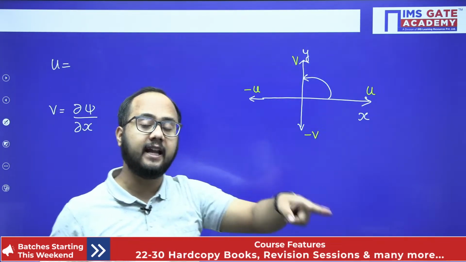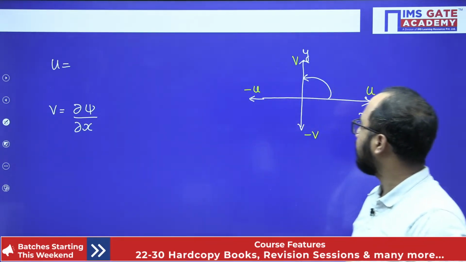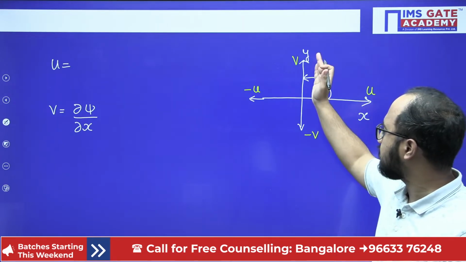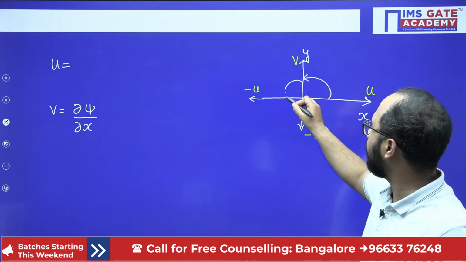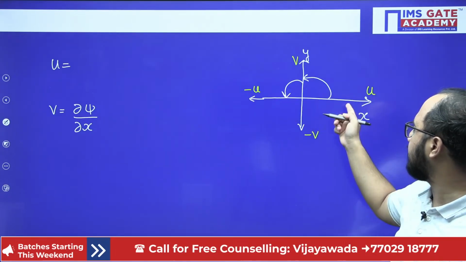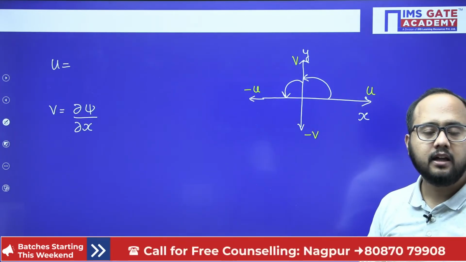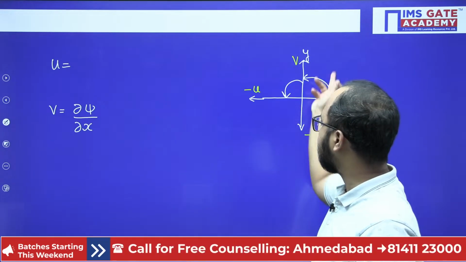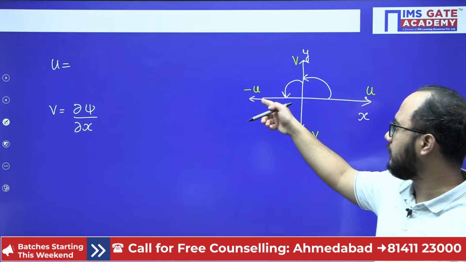Now if I take the partial derivative of the stream function along y direction, I will get the velocity component minus u. You will say, sir, 90 degrees can also be like this, positive u, but usually the positive sign we take for the anti-clockwise sense. So we'll always take the angle in anti-clockwise sense. So it will be minus u.